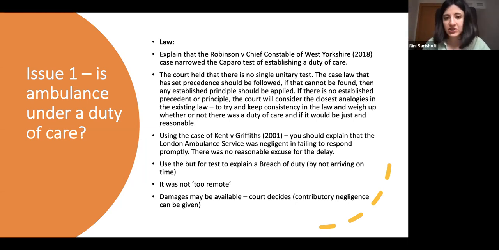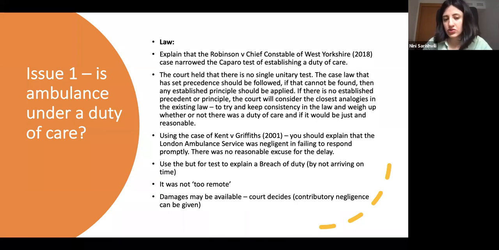Traditionally, a doctor-patient relationship automatically qualifies for duty of care, but that's not the case anymore after the recent developments of duty of care law. So now we still have to apply the Caparo-Robinson test, even if the doctor-patient relationship used to automatically qualify for duty of care.